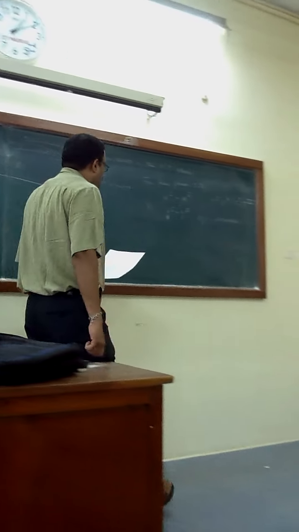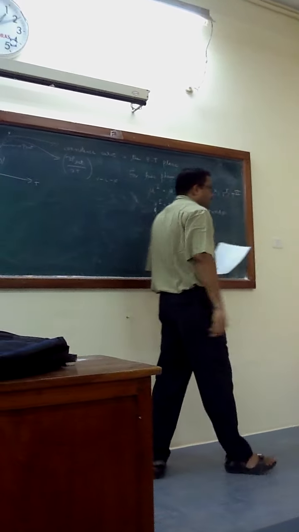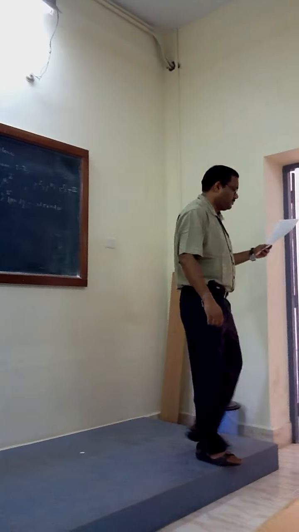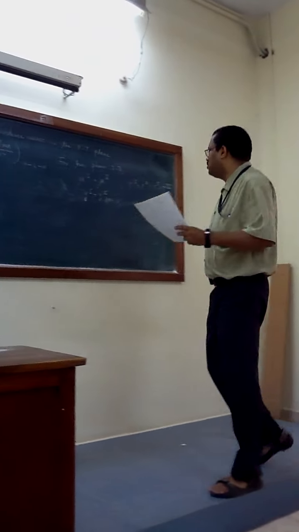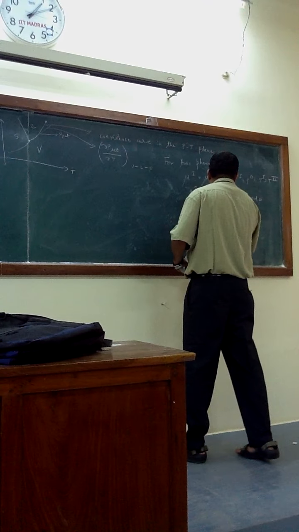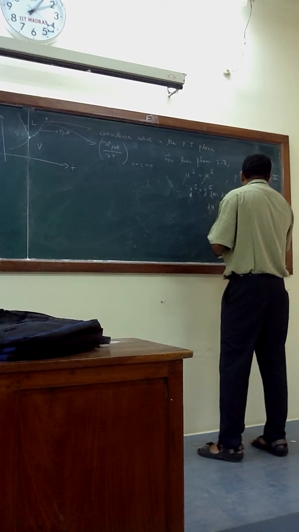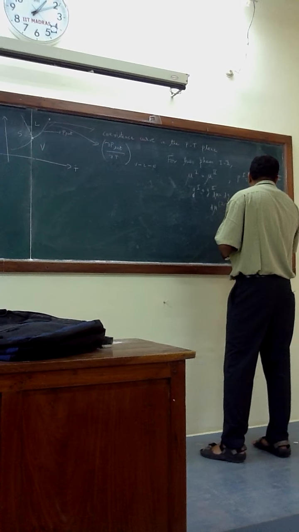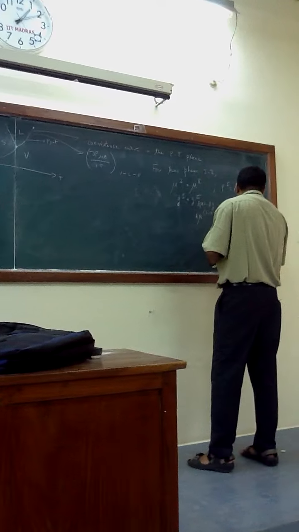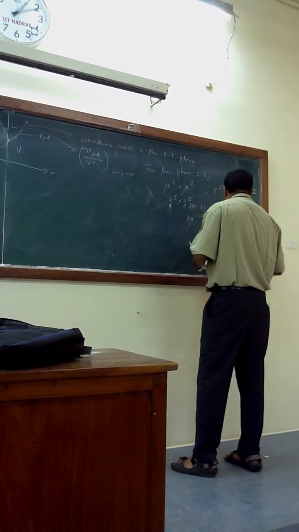So this you can also write as d mu equals minus s dT plus v dP. So for d mu 1 2, two phases in equilibrium, you can write this as minus s 1 2 dT plus v 1 2 dP.